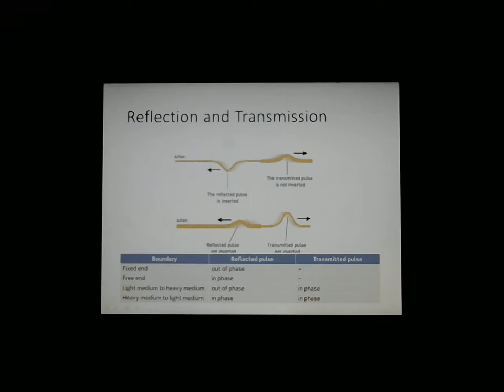With a free end, the wave does move into the air. It's just that air has to move at a particular range of frequencies for you to hear it as sound. A really good example of this is to think about a whip. The tip of the whip, if you flick a wave pulse down a whip, that tip, you can hear a crack, you can hear a sound. Okay?